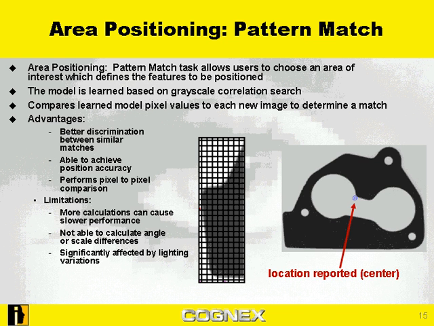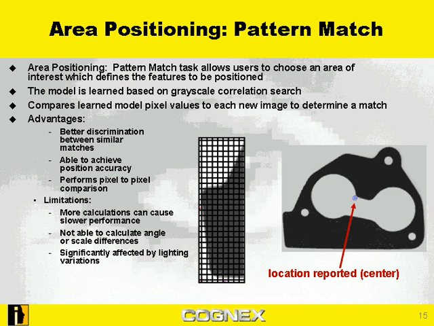And then the other variation in the area positioning is the pattern match. This is more of the traditional pattern match type algorithm, where it's just looking for the pixels to have a very similar grayscale level as a model does. So it is good at discriminating between similar parts, and it does give good accuracy because it looks at each individual pixel.